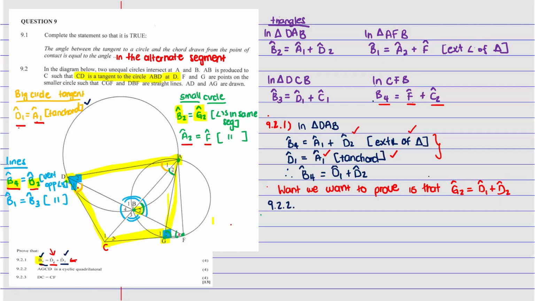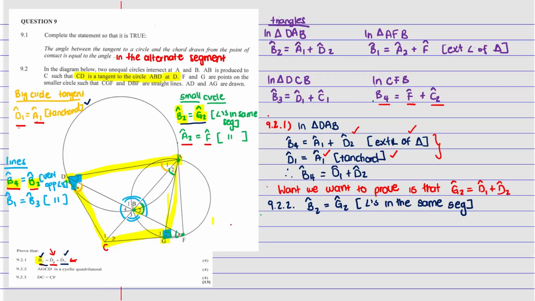So now we need to link everything. What do we know? We know this relationship: angle B2 is equal to angle G2, and our reason is angles in the same segment.